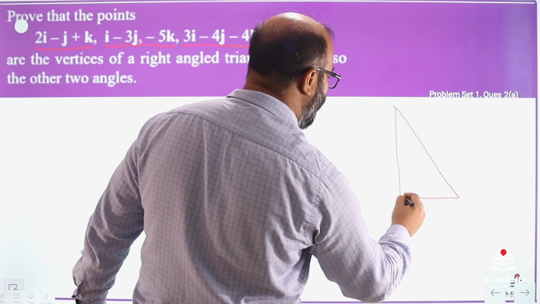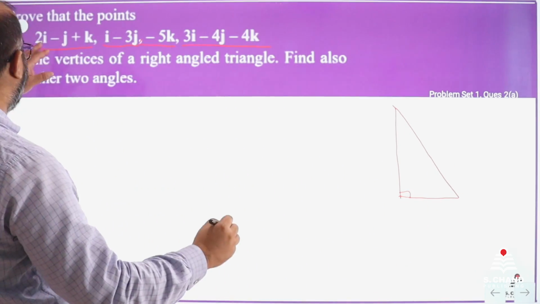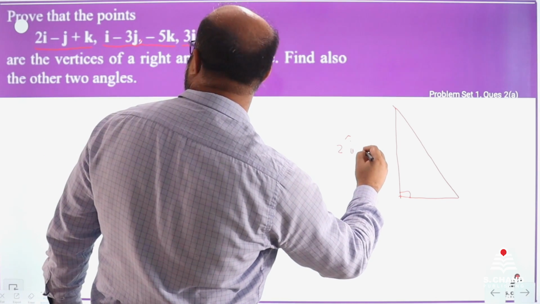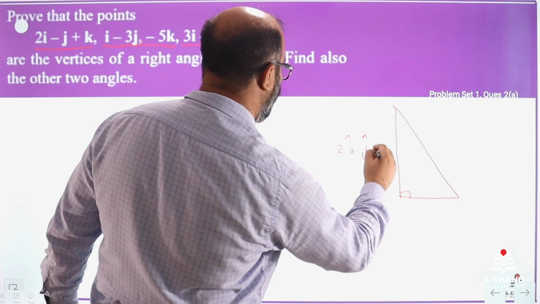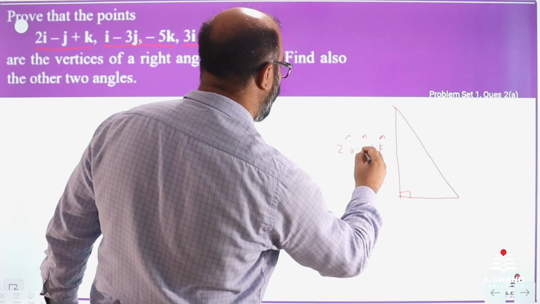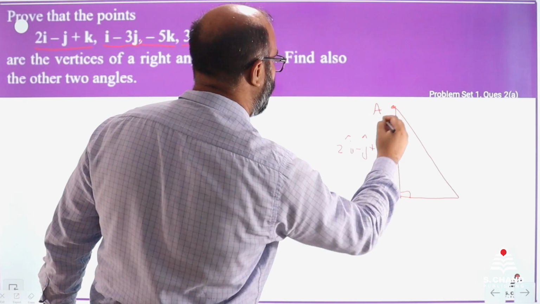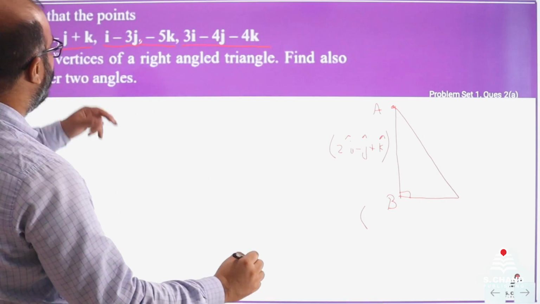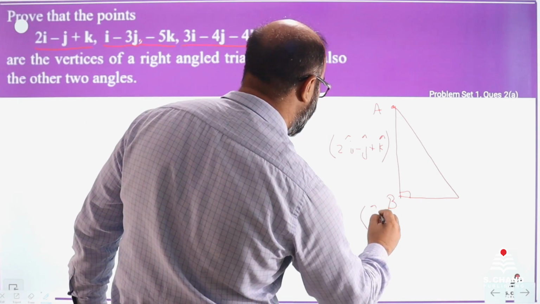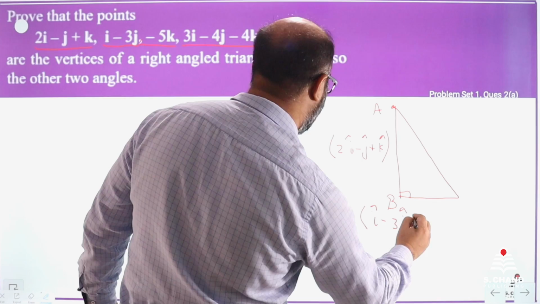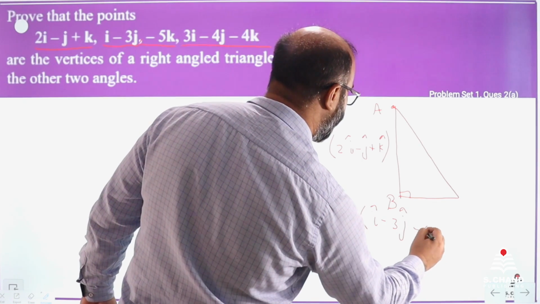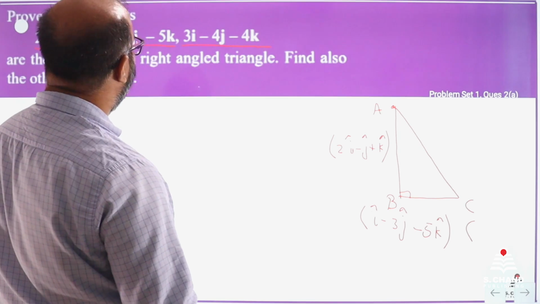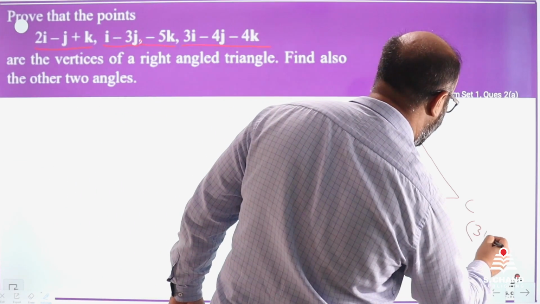So we have a right angle triangle like this, and we have 2i minus j plus k as one of its vertices. This is A, right? Then another position vector B is given, i minus 3j minus 5k, right? And another position vector C is given, 3i minus 4j minus 4k.